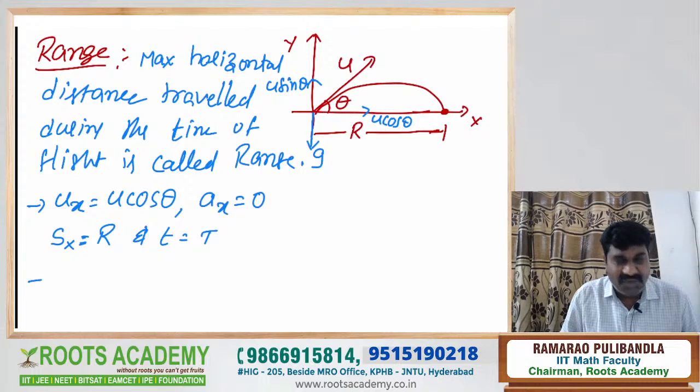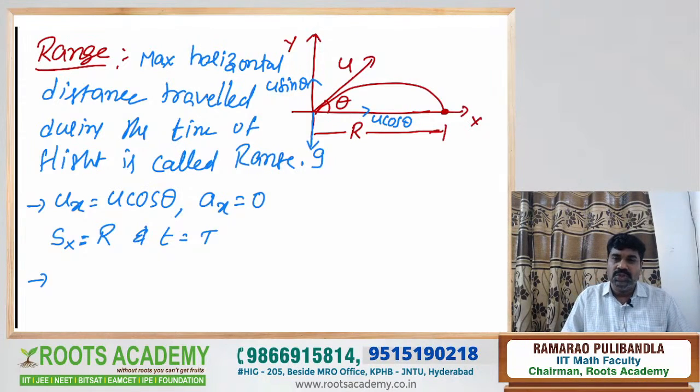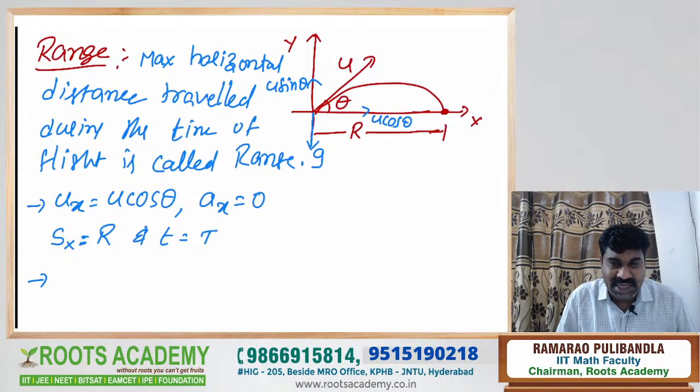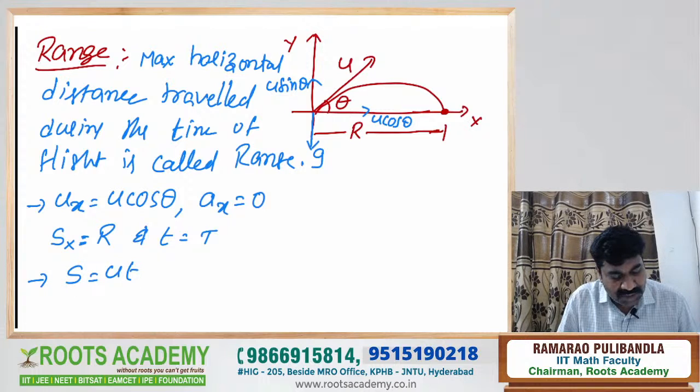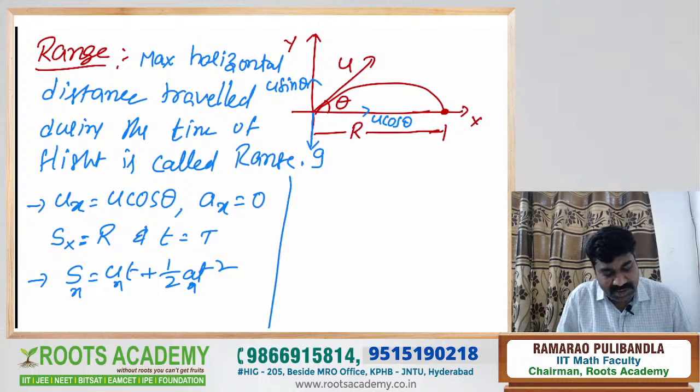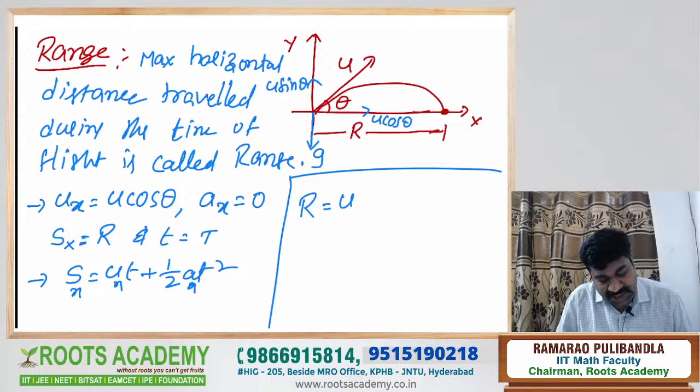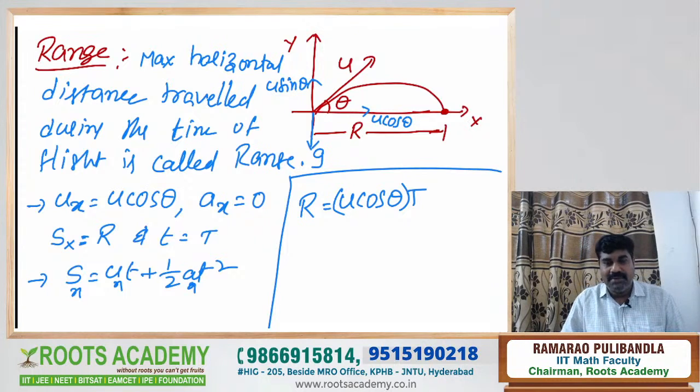So we use the formula S is equal to ut plus half at square. Here, Sx equals ux t plus half ax t square. Range is equal to ux, which is u cos theta, into time of flight t, plus acceleration term, which is 0.